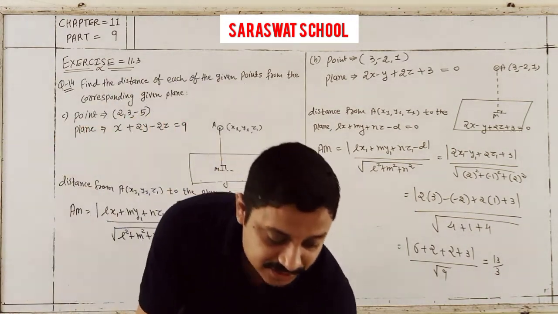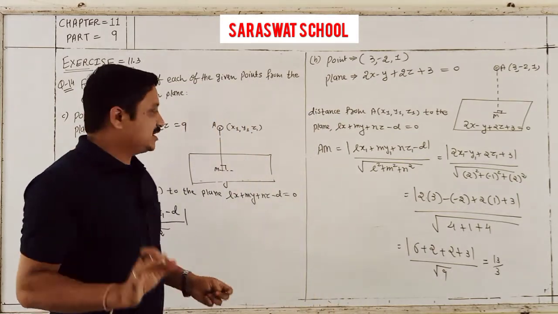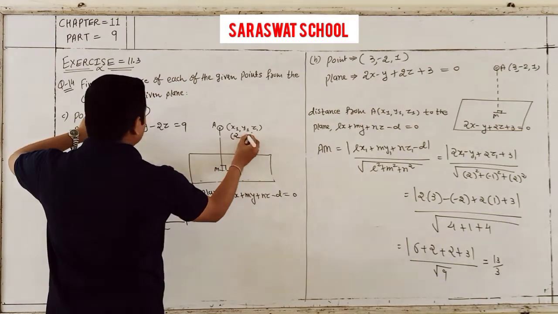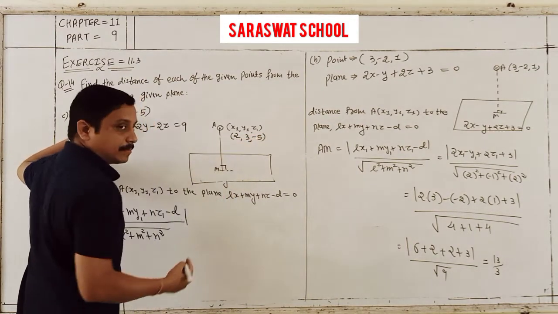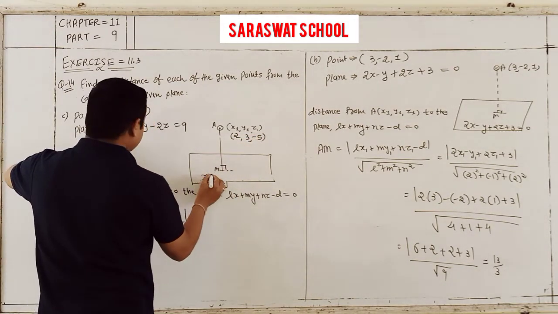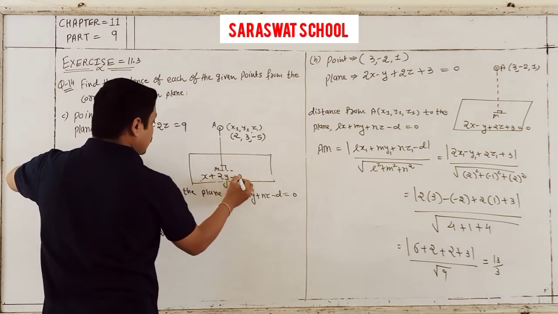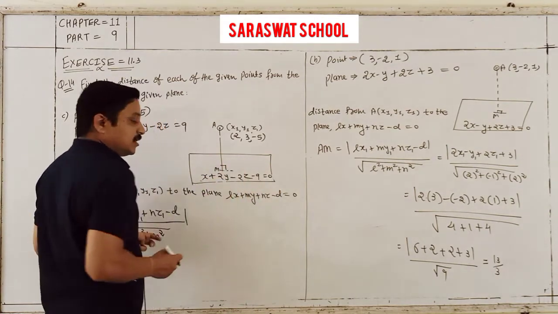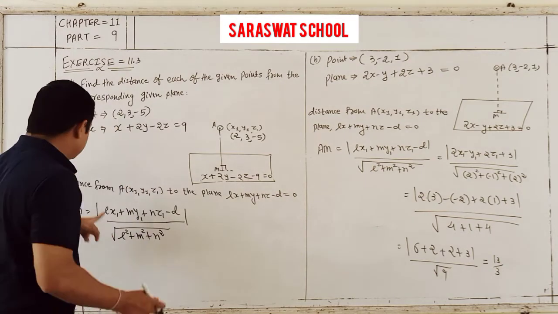Here also, same as before, draw the drawing. Write the point here, 2, 3, minus 5, and the plane x plus 2y minus 2z minus 9.